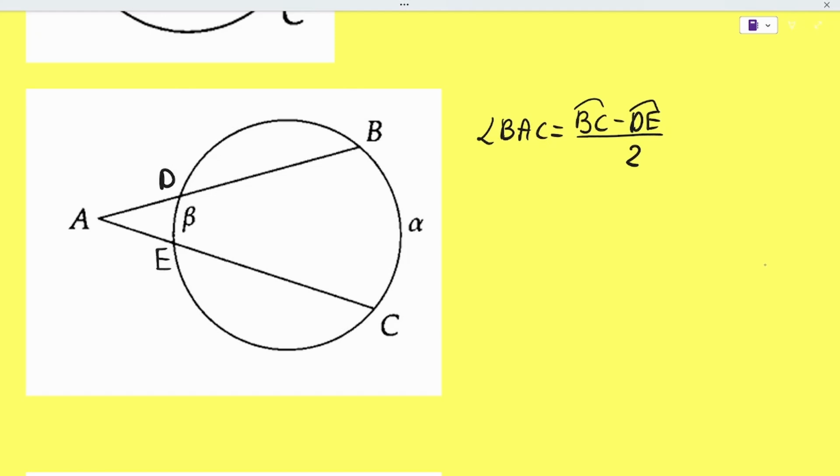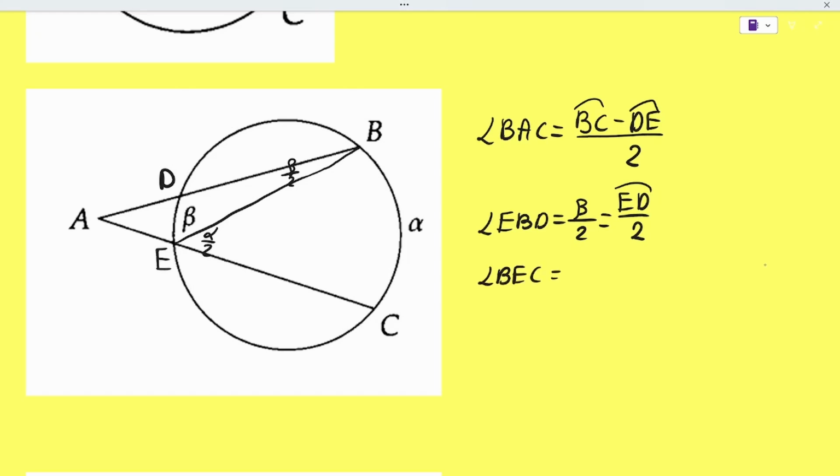Let's connect points E and B, and by using the inscribed angle theorem, we can see that angle EBD equals half of the ED arc, beta over 2. And by using a similar strategy, we can see that BEC will be alpha over 2.